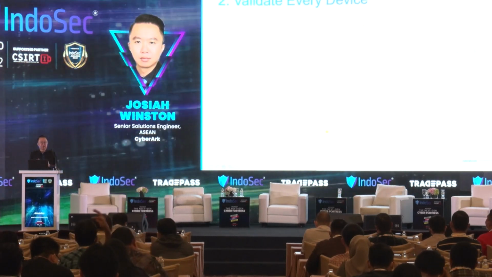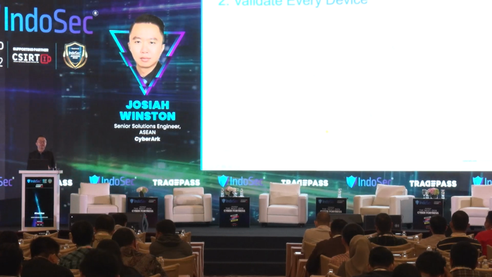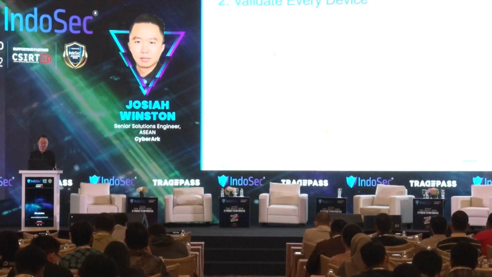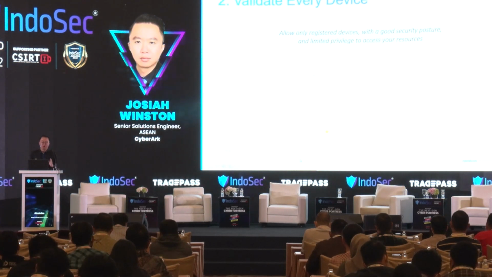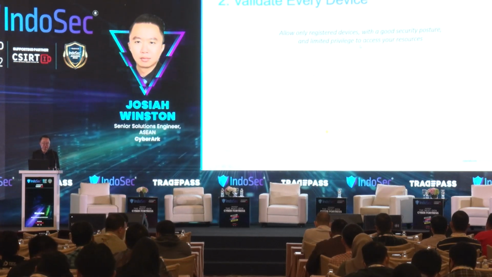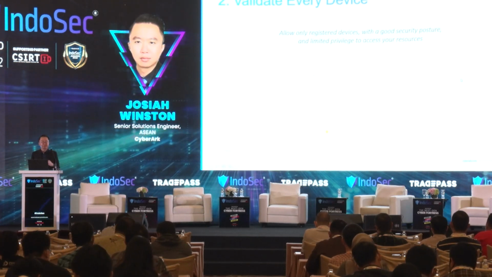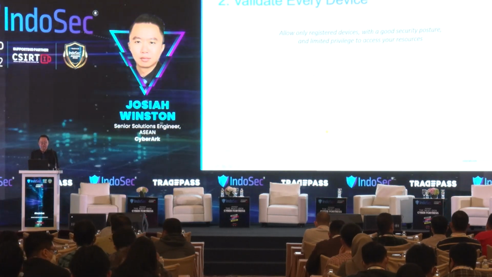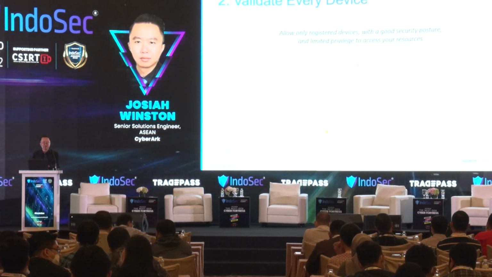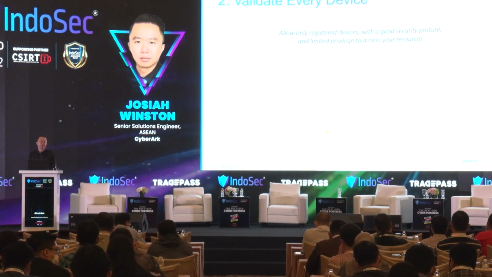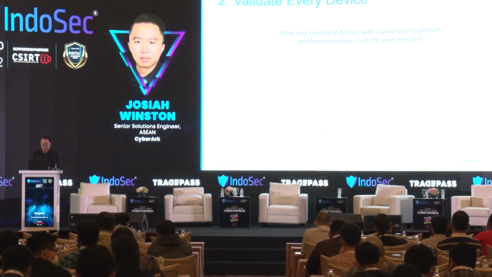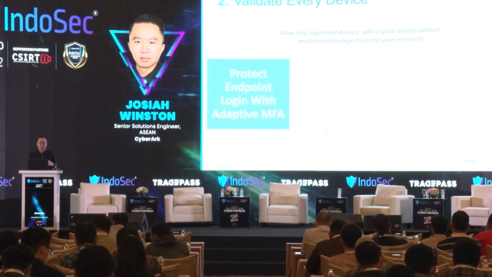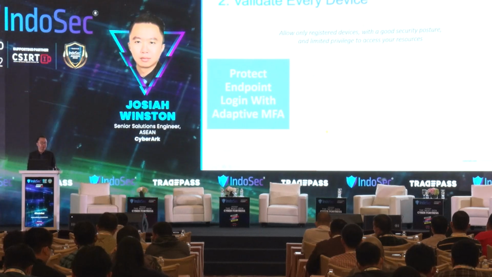Okay, so now let's look at step 2. Validate every device that is being used for access. As part of the identity verification process, the device that these users are using is a very important part, as it is part of the criteria to validate that person's identity. So the initial entry point to your organization must have multi-factor authentication.